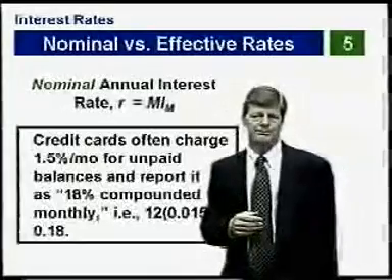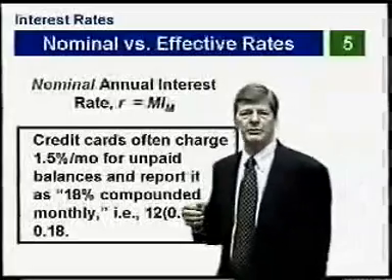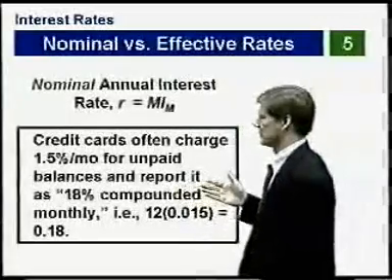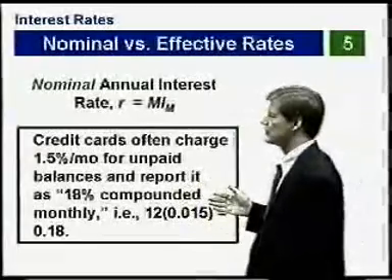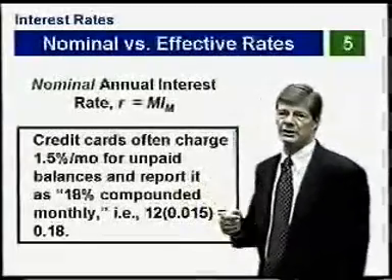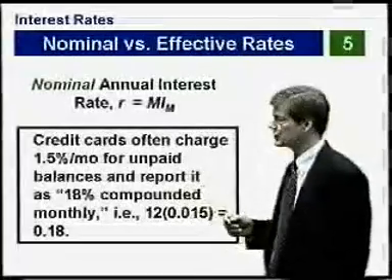Let's take an example. Credit cards often charge 1.5% per month for the unpaid balance and typically report it on their statements as 18% compounded monthly. And the manner in which they calculate that 18% is this.